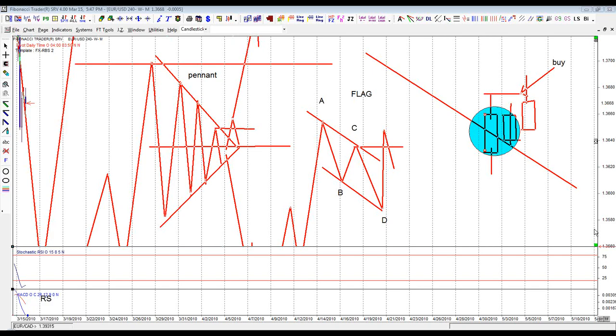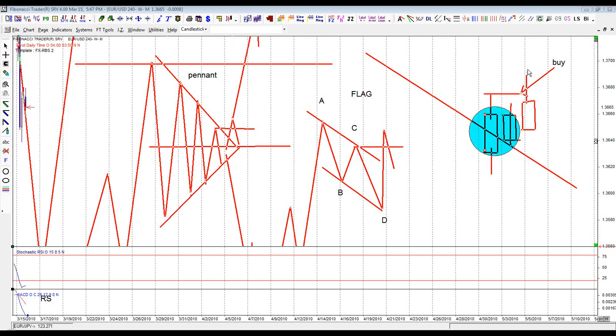Now, there is a question, how often would I guess the market will break in the same direction? Well, if the market is moving north, I will be waiting for a bullish breakout. If I see a bearish breakout, I would not enter. If I see a bullish breakout and the price gives me a retest, I will enter the trade.